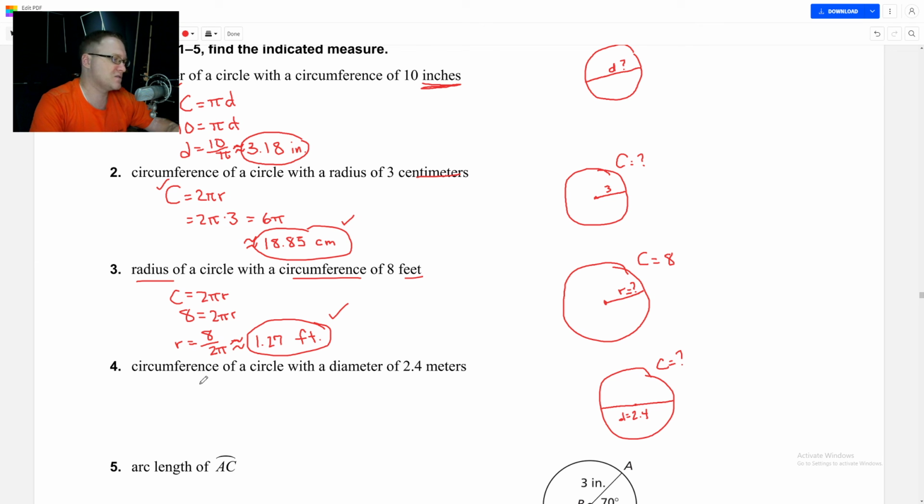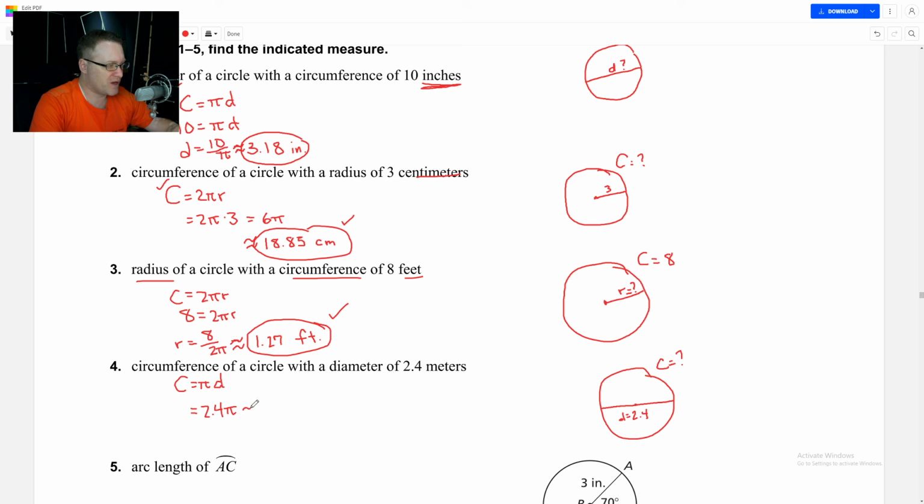Since we have C and D here, we're going to use the formula C equals pi D. We don't know C, but we do know D is 2.4. So it's pi times 2.4, or 2.4 pi. So C equals 2.4 pi.